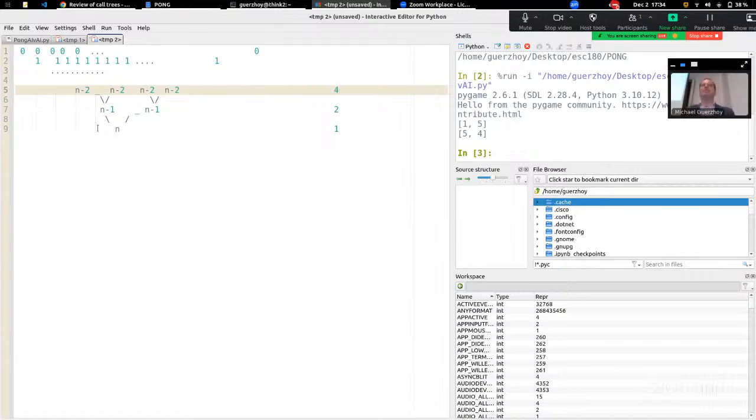Now it's more difficult. How many calls on the level after 4? 8, because every one of those spawns 2. So it's 2 times however many there are here. Does the overall logic make sense?